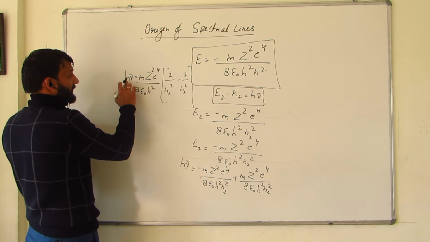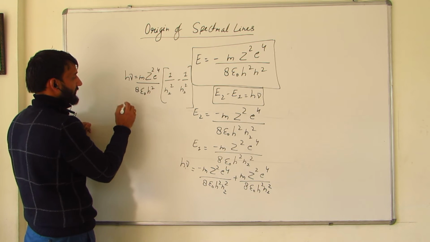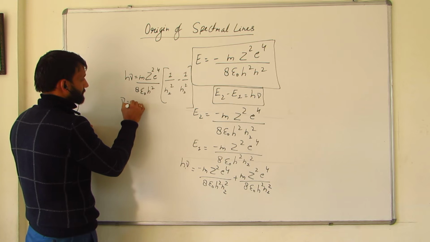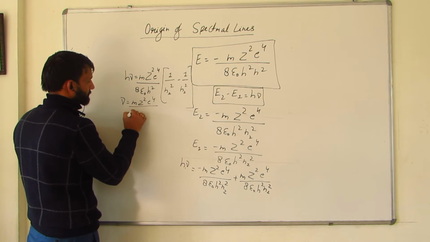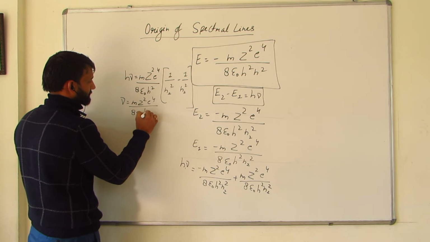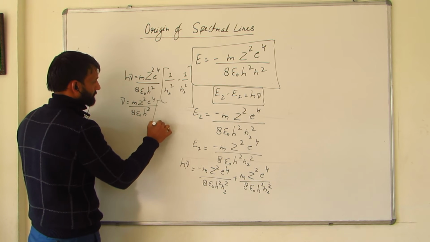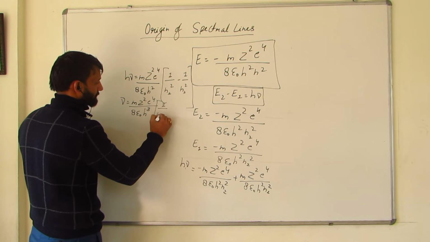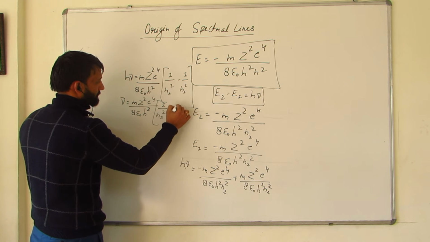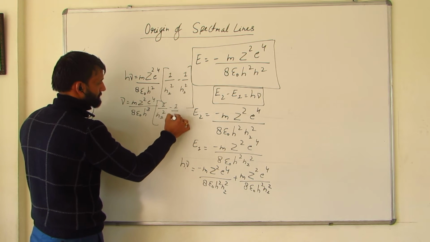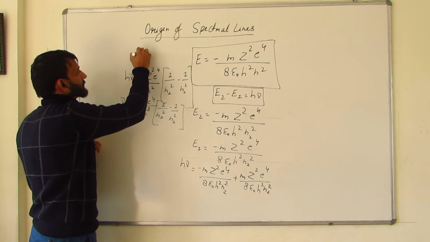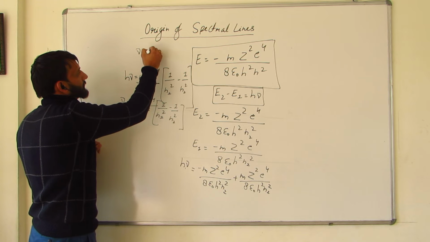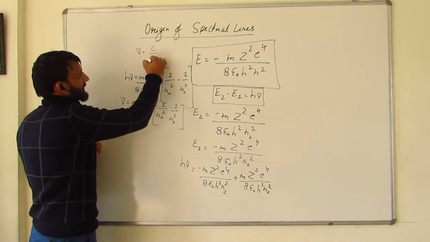I'm going to take this h down there. Now nu, the frequency, is equal to c by lambda.